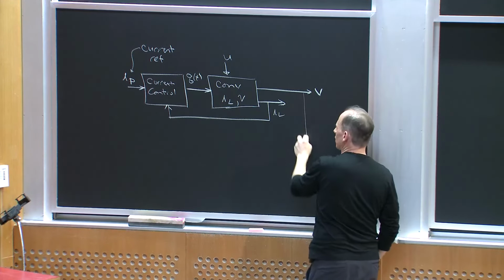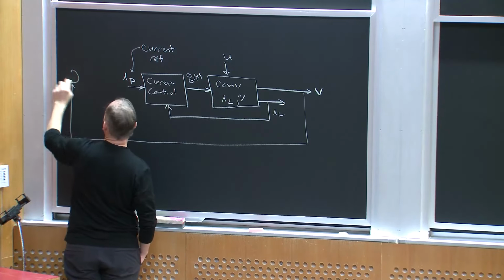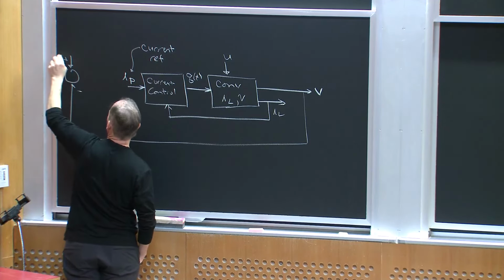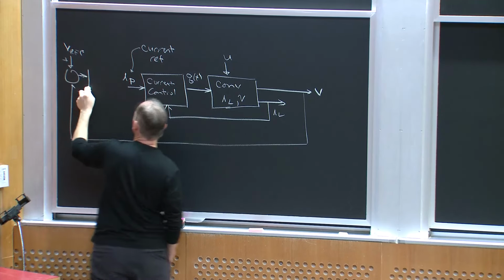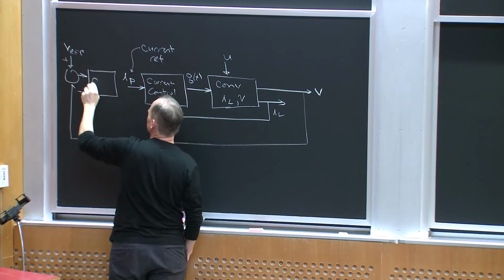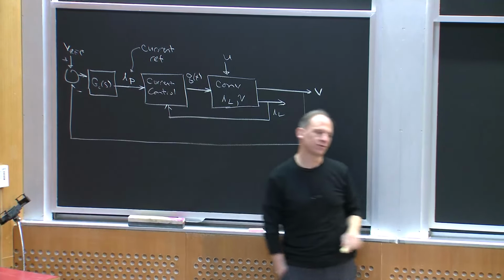And then I'm going to feed back the voltage and compare it to a reference and put that into a compensator, GC of S. And I'm going to use GC of S to generate the current reference.